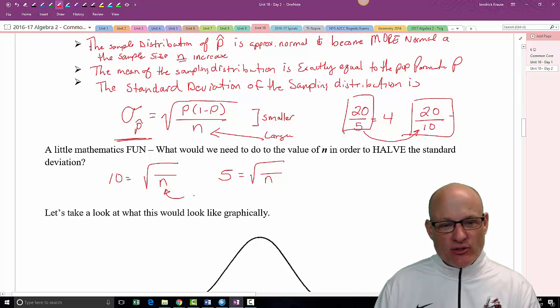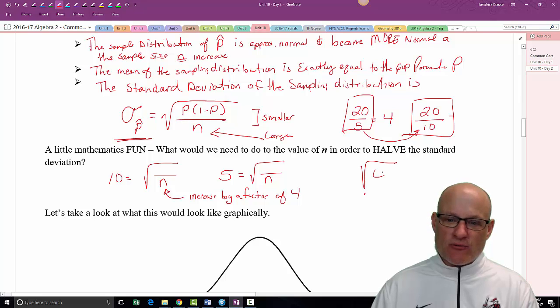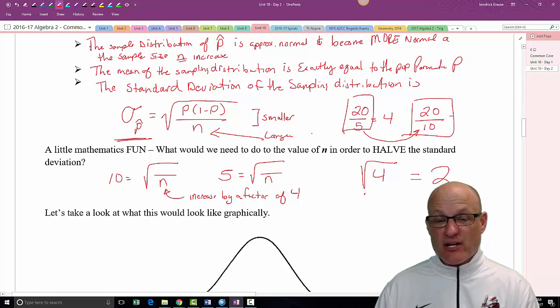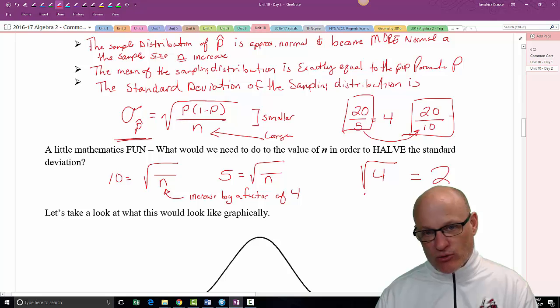You have to increase it by a factor of 4. Now, why 4? Well, what is the square root of 4? Oh, it's 2. So really, if I take this and increase it by a factor of 4, I'm really dividing by the square root of 4.